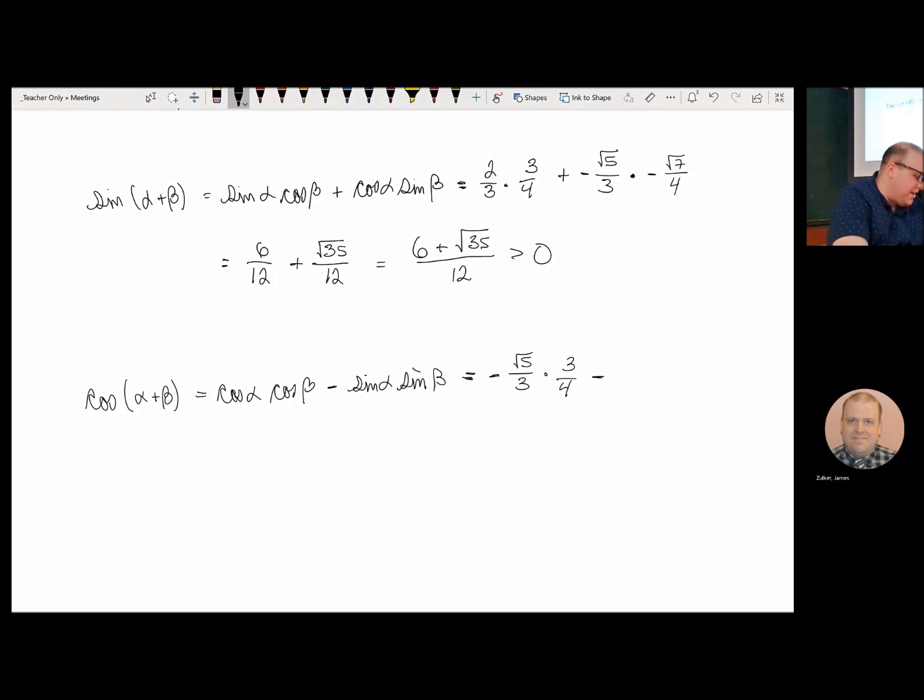We already know sine alpha and sine beta. Two root 7 minus 3 root 5 all over 12.